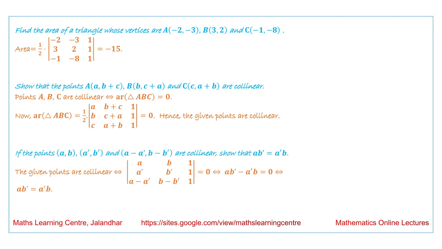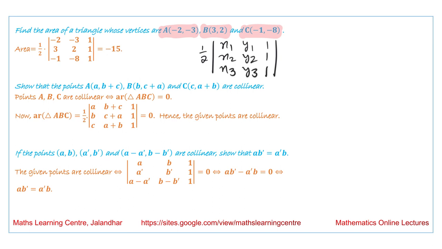The first is, find the area of the triangle whose vertices are given to you. A is (-2, 3), B is (3, 2), C is (-1, -8). The formula for the area we know, it is 1 by 2 determinant of x1 y1 1, x2 y2 1, x3 y3 1.